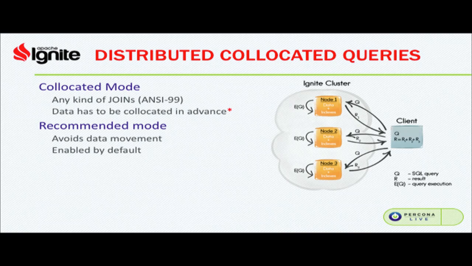This mode assumes that all the data, let's say that if you plan to join the data, like you have organizations and employees, then we expect that employees that work for a specific organization reside on a single node. And this can be easily achieved in distributed systems by harnessing so-called affinity collocation of data. So for instance, in this example, when you put some employee into the cluster, you will link it with his own organization.